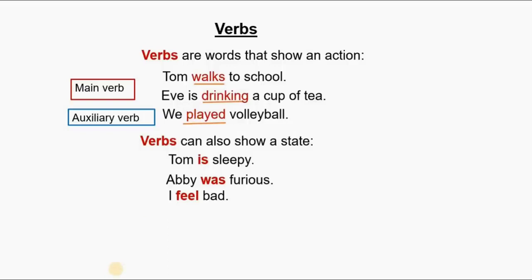Alright? So, it's important to distinguish a main verb from an auxiliary verb. And here, all of these verbs are in fact main verbs. They all express the state. Alright?